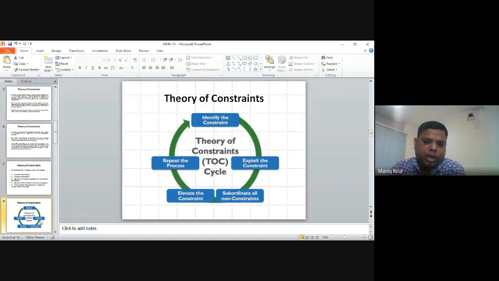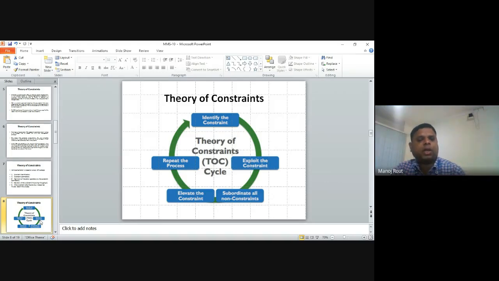The next part is to subordinate all non-constraints. If that is not possible, you inform the middle level of management. They can subordinate all the non-constraints and bring them together on a particular platform to make the exploited constraint minimal. Then the fourth step is to evaluate the constraint, and after that you go for repeating the process again and again.